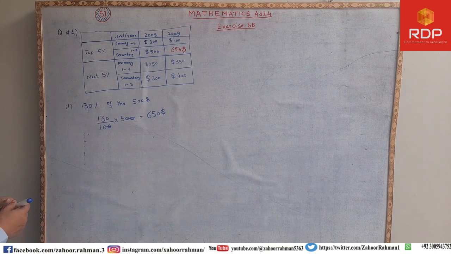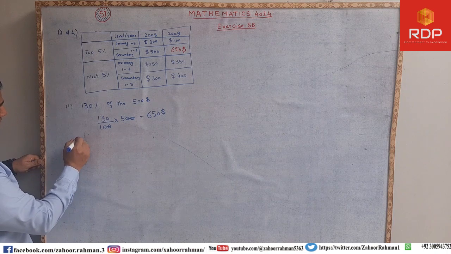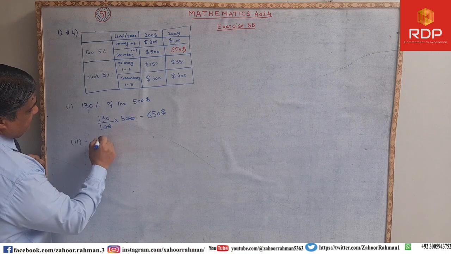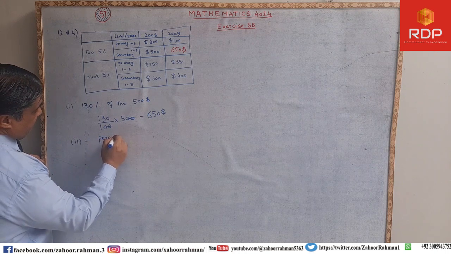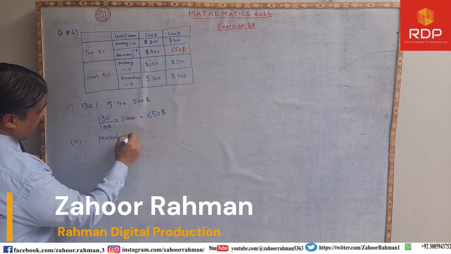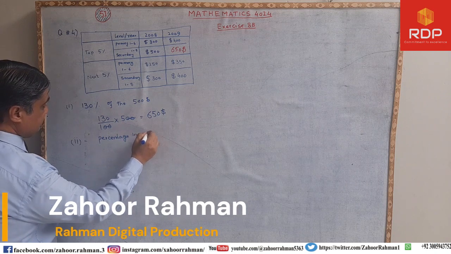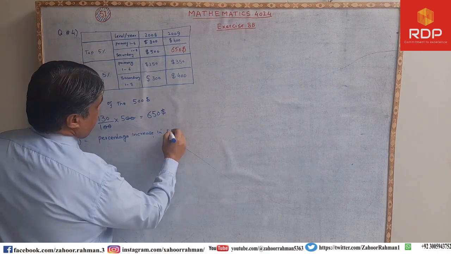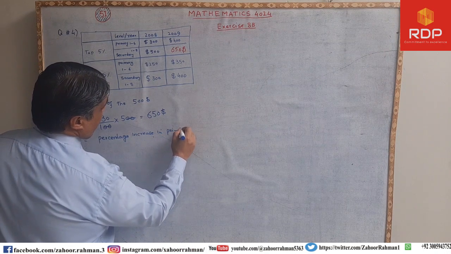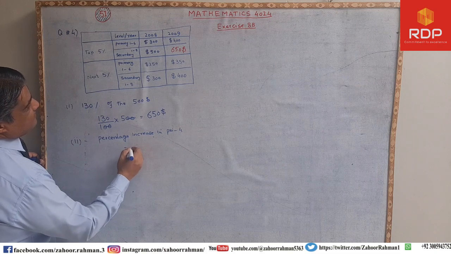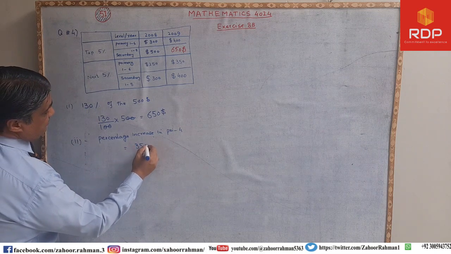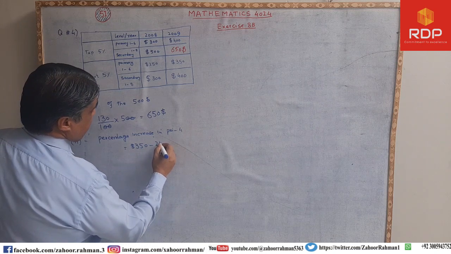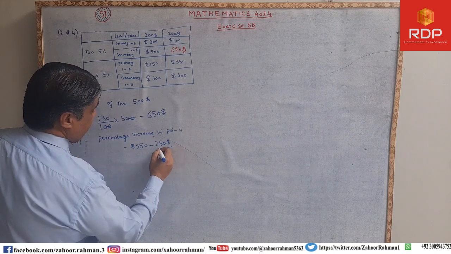So we have to find the percentage increase, and you know that percentage increase in primary 4 is equal to $350 minus $250 divided by the original value.